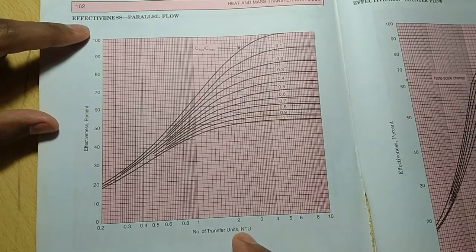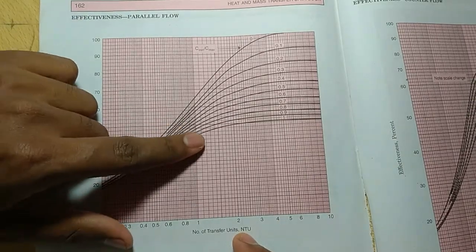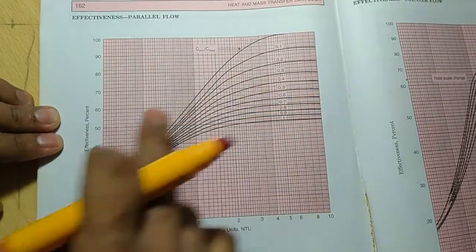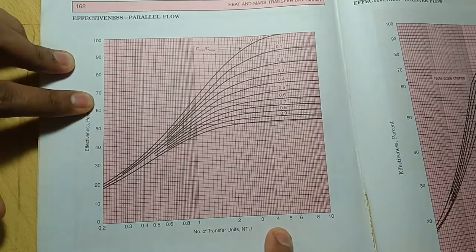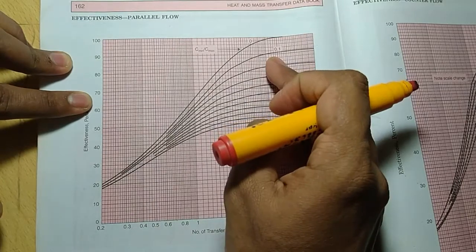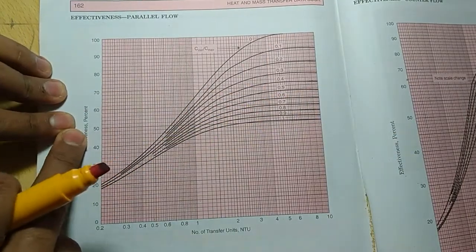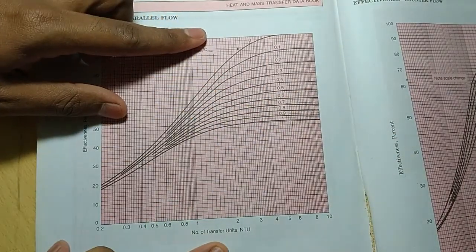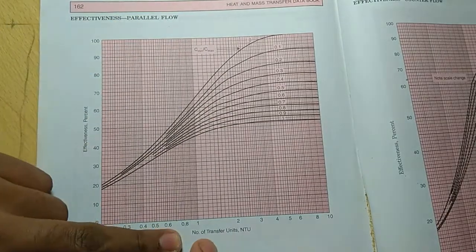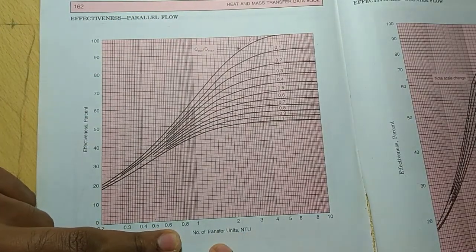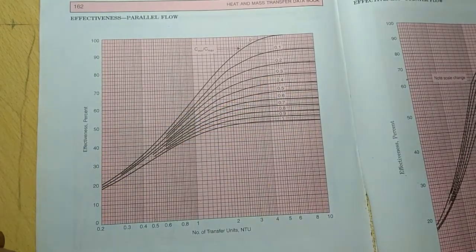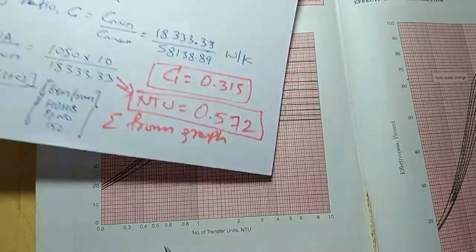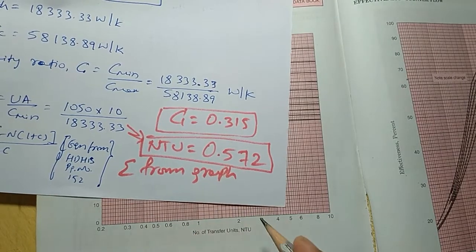If you know the NTU and C value, effectiveness can be found out. If you know the NTU and effectiveness, any C value can be found out. If you know the effectiveness and C, the NTU value can be calculated. Right now we know NTU means number of transfer units. And if you know NTU and C, you can find out effectiveness. NTU is how much? NTU is 0.572.